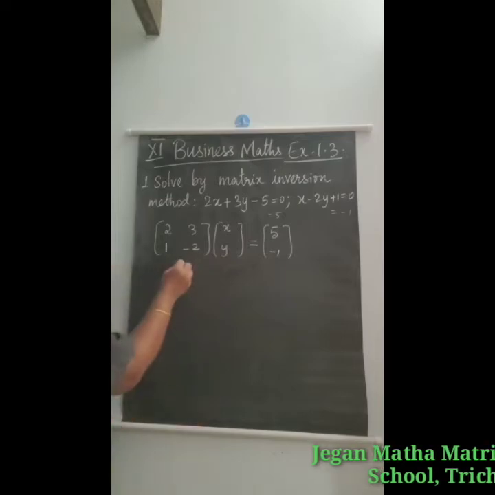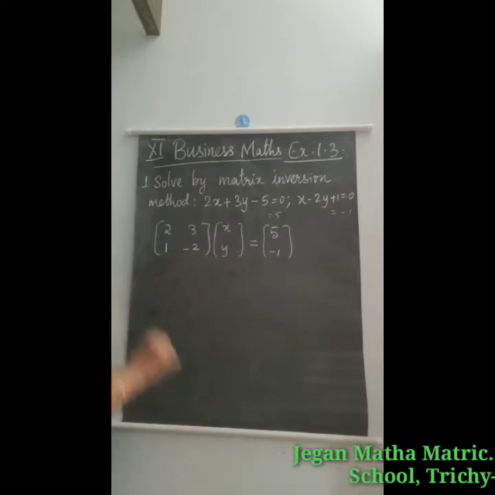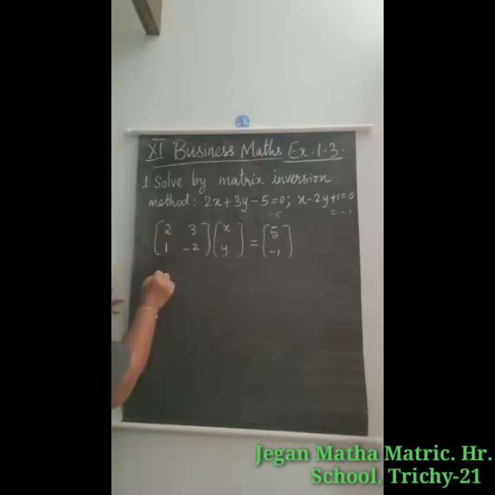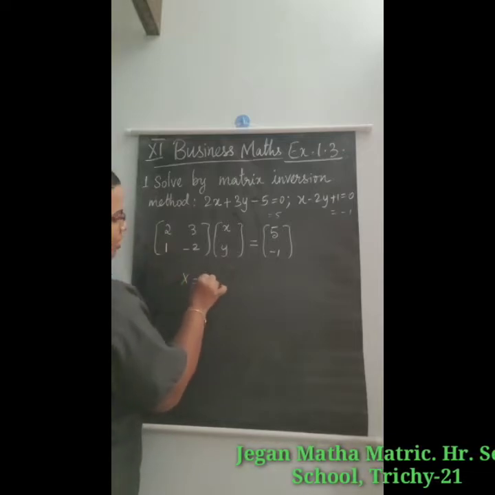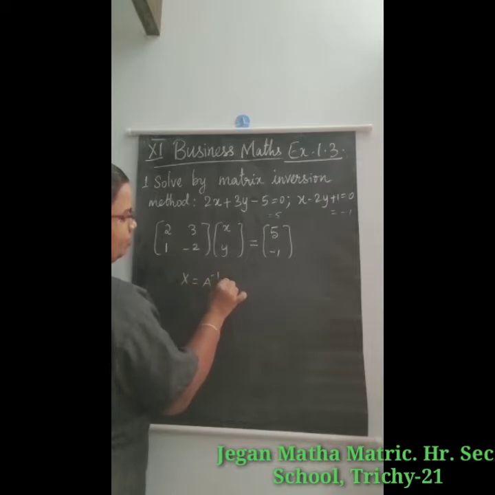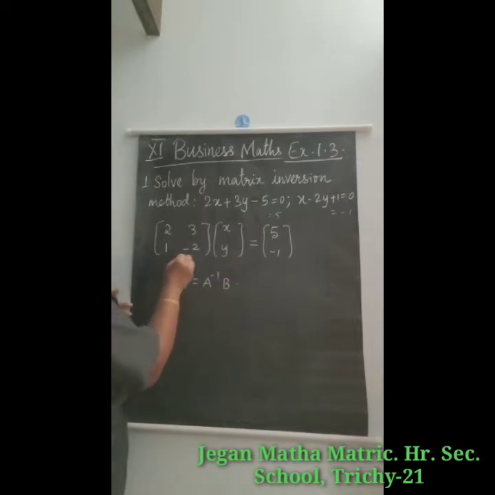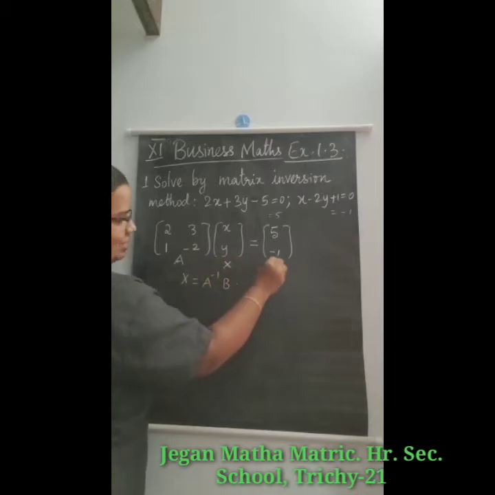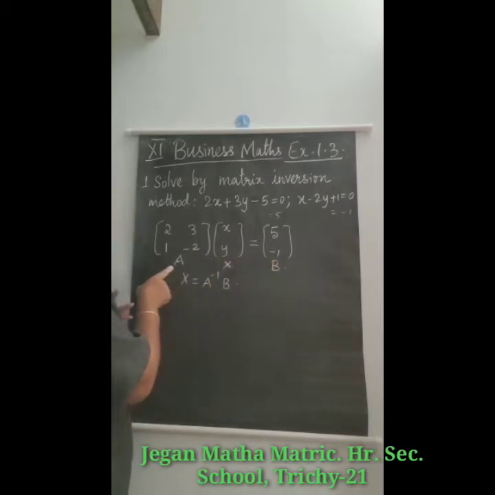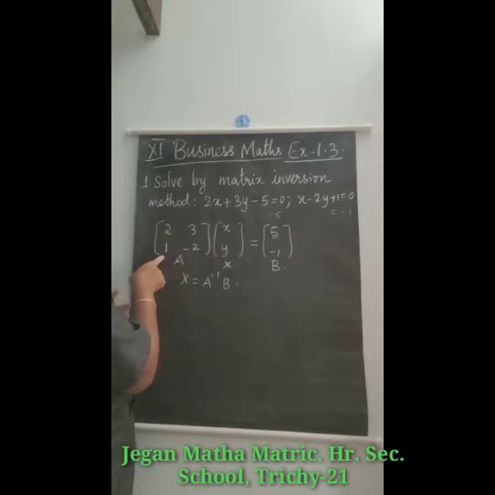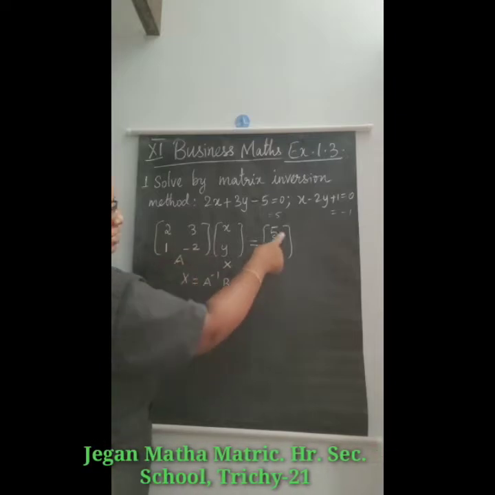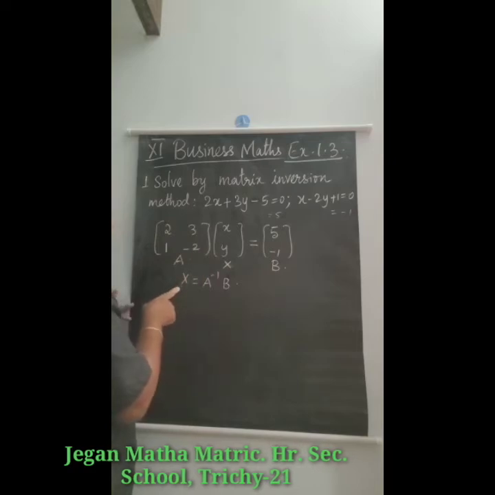And what is the formula for the matrix inversion method? X is equal to A inverse into B. So this is A, this is x and this is B. A is the coefficient matrix of x and y, x is the variables and B is the constant terms.